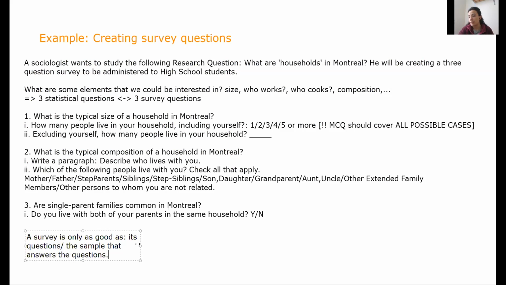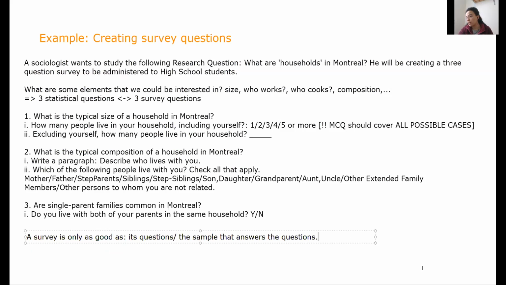Right? So if your sample is not good, then whatever results you get from your survey are not going to be that applicable or that good.